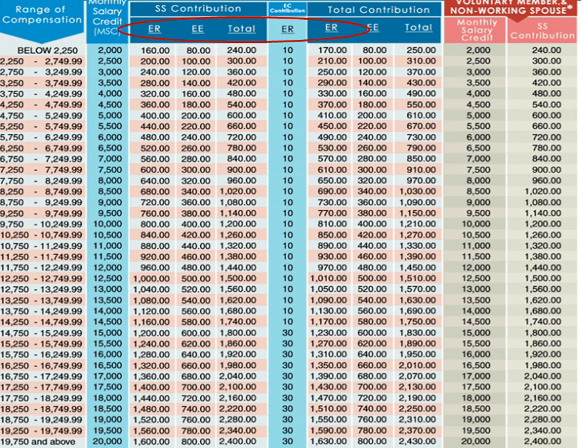Next. So here it is. Since we are at 35,000, we go for the 19,750 and above bracket. So our employer share is 1,600, our share is 800, and the employer contribution for our EC is 30 pesos for the insurance. Okay?